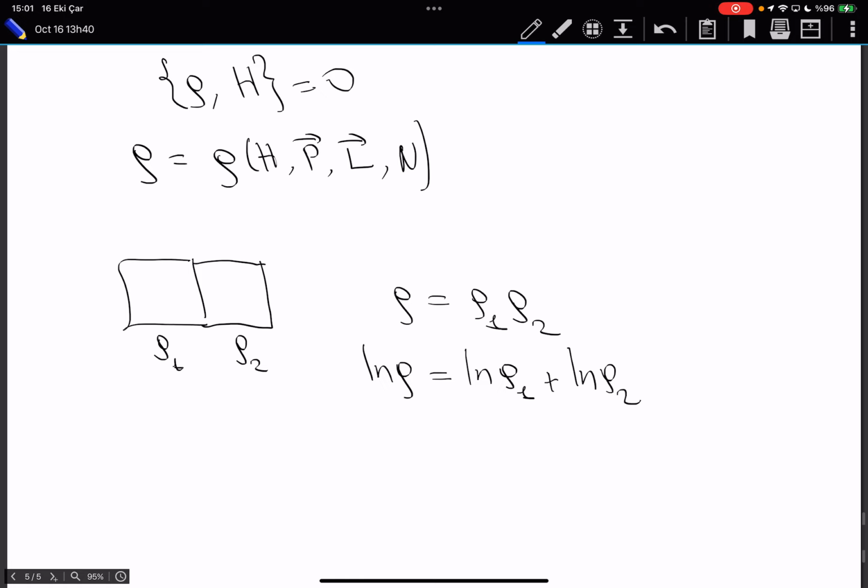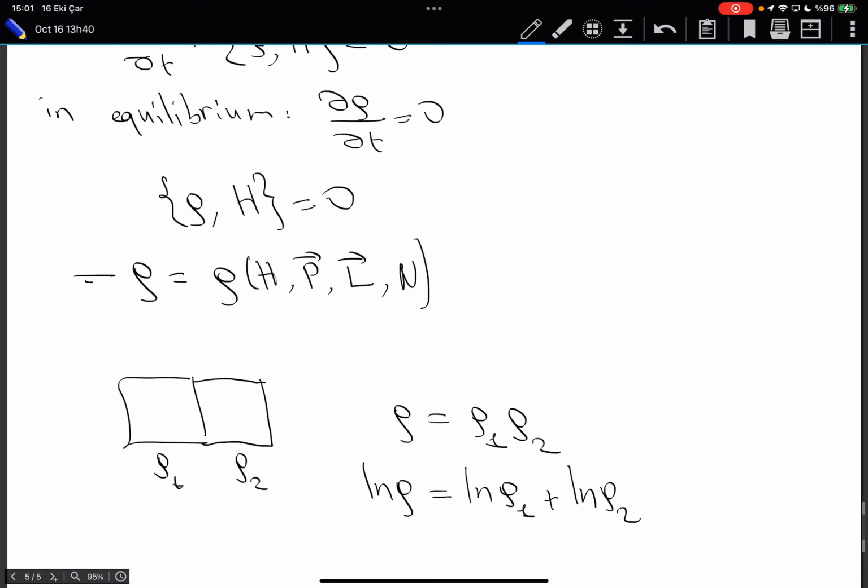We had seen that rho can be a function of conserved quantities. You can have many conserved quantities, not just restricted to these ones. But it's not just a function of conserved quantities, it's an additive conserved quantity. Now, additive conserved quantities, their number is quite limited. We only have energy, linear momentum, angular momentum, and the total number of particles.